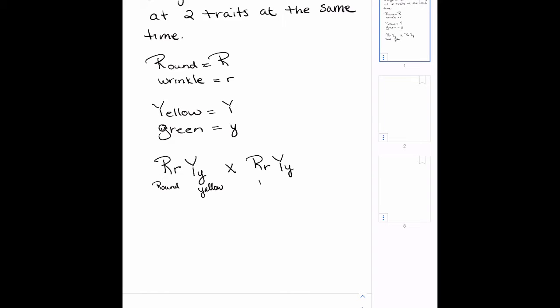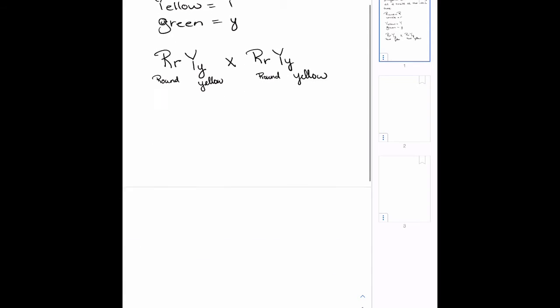The phenotype here is round, and the phenotype here is yellow. So let's set up this. Just like a Punnett square, you're going to have to divide these traits out and look at the various combinations. So we had round yellow peas, and it was heterozygous.